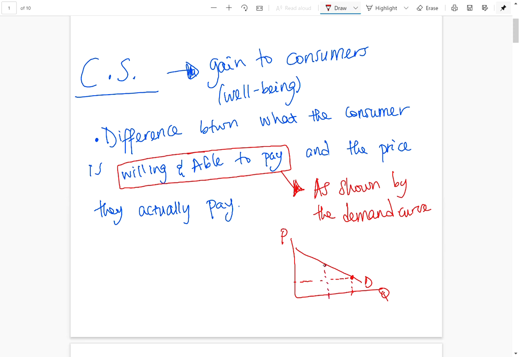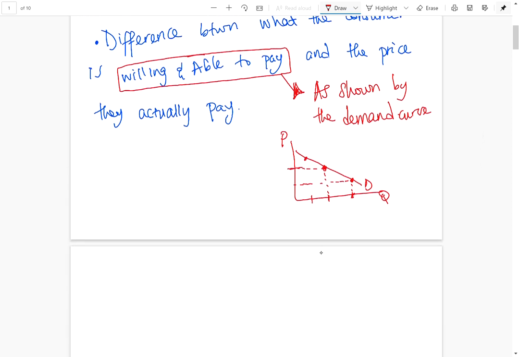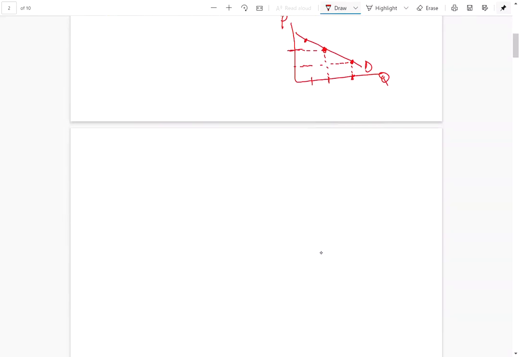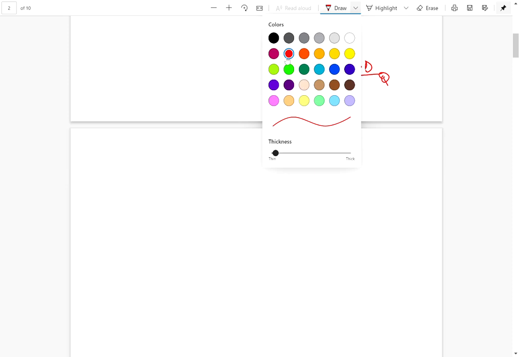And as we move along this demand curve, we see what they're willing and able to pay, what they can afford really, but really what they're willing and able to pay for the good. Now, we want to see what that surplus will be in the markets. Remember, we're dealing with competition or perfectly competitive markets. So let's go ahead and see what that looks like visually.